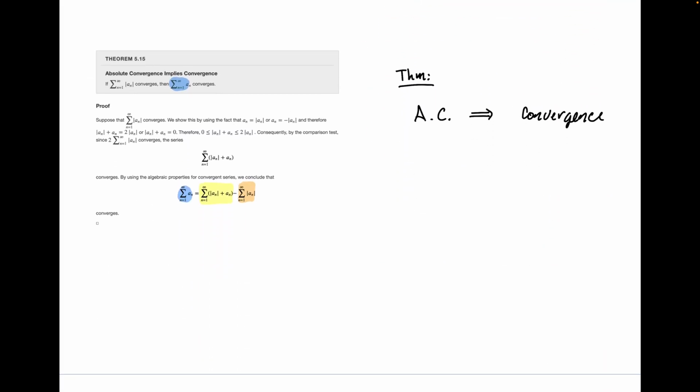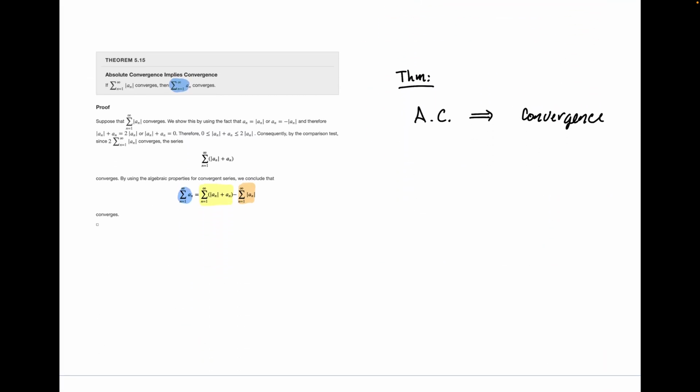There is a theorem that tells us absolute convergence implies convergence itself. That seems pretty obvious, but it's nice to go through the proof and see how it's done. If we have a series which we know is absolutely convergent, does the series itself converge?